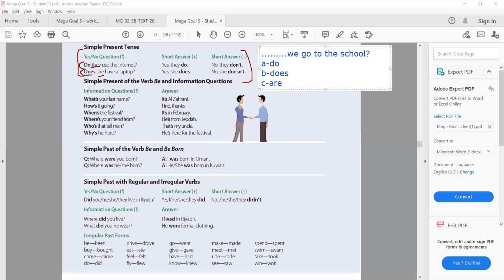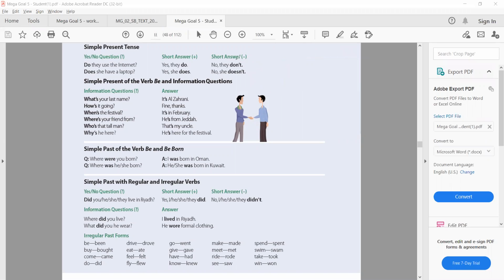So you're going to know immediately that the correct answer is, yes, Jude, yes, Haneen, immediately, because I have the pronoun we, so the one that is correct with it is do. I cannot use are because I don't have a verb with ing.